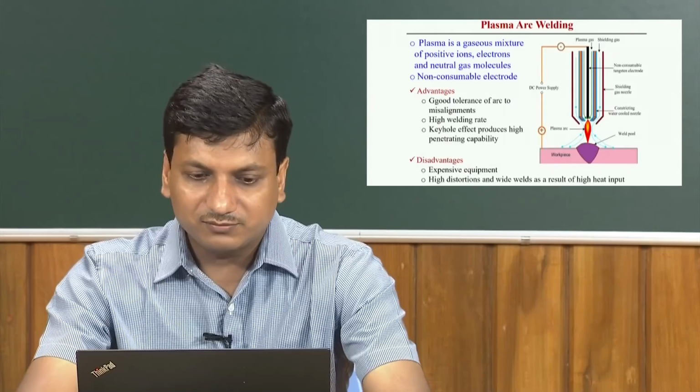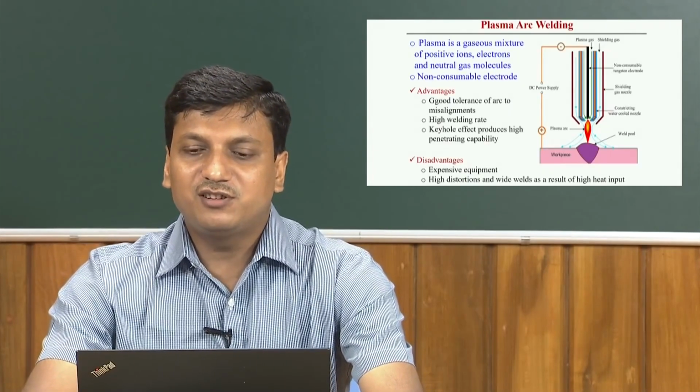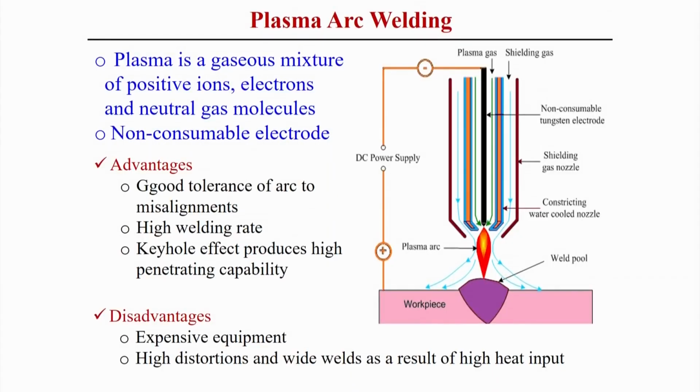But let us look into this figure, how this plasma arc welding process has been developed. Here we can use a DC power supply and create the positive and negative, and a non-consumable tungsten electrode, and shielding gas is also supplied, but inside there is a plasma gas also supplied.